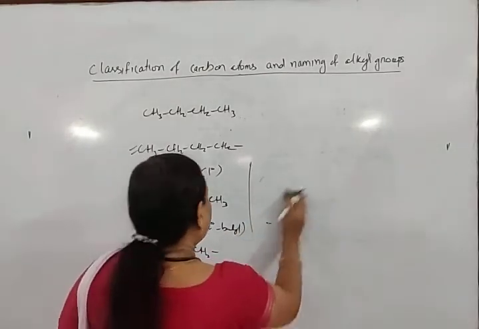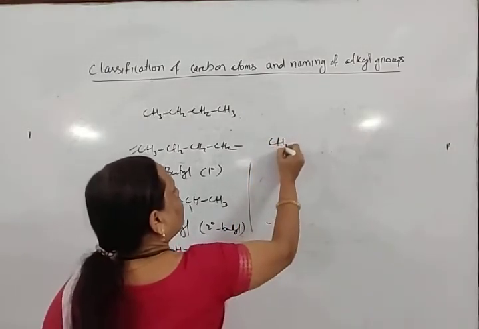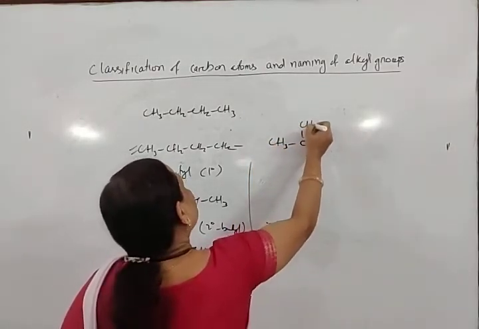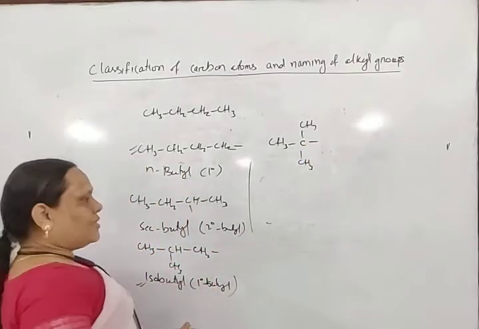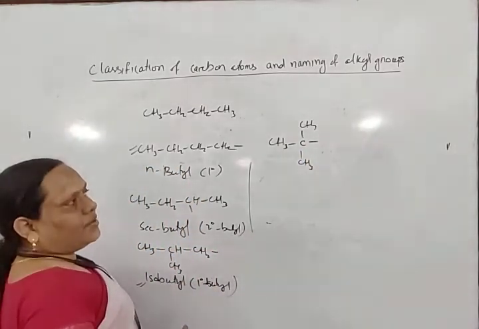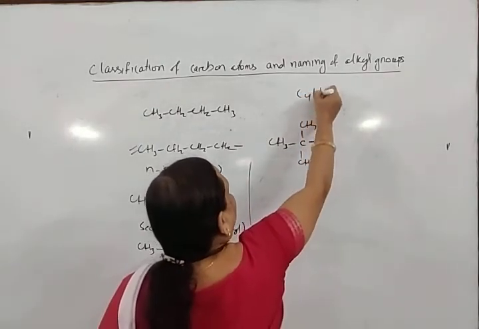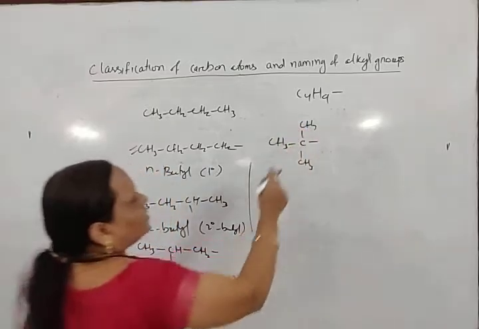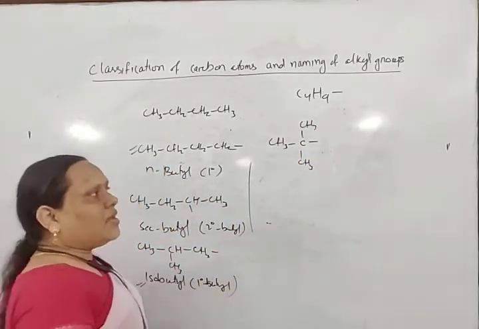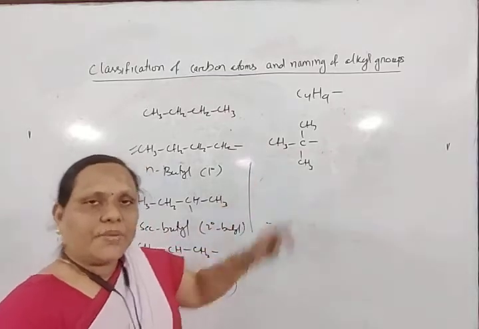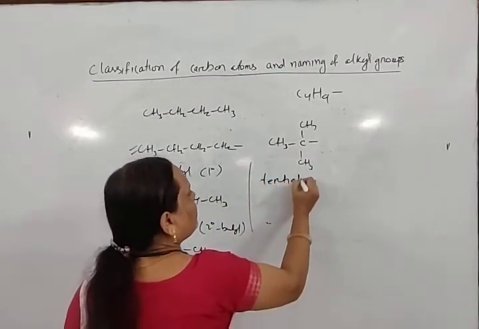Now another structure is possible here: CH3, CH3, CH3 like this. In total all cases are C4H9. This is one carbon with three carbons attached, so this is known as your tertiary butyl.